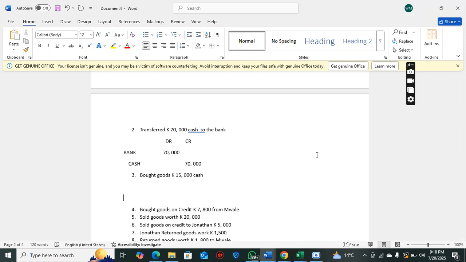So the two accounts involved are purchases and cash. Purchases is an expense account, cash is an asset account.